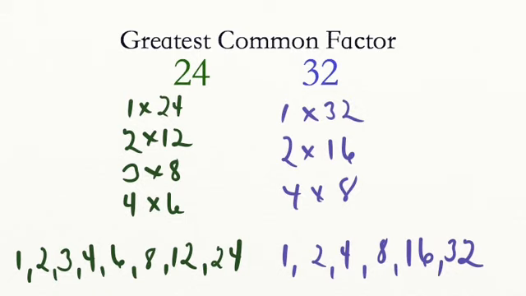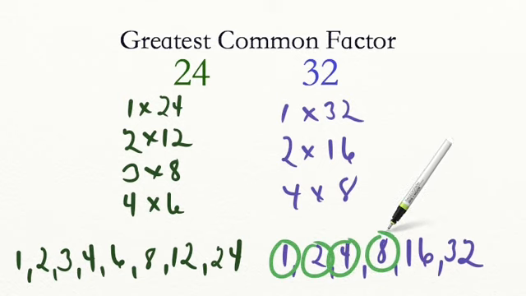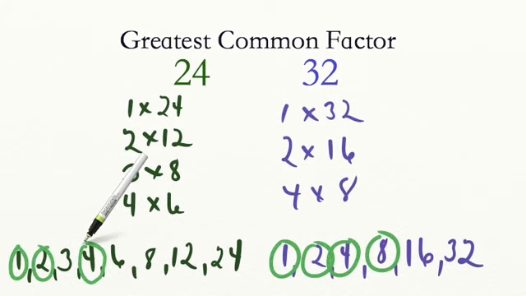So now I'm going to circle the numbers that 24 and 32 have for factors that are the same. They both have a factor of 1, 2, 4, and 8. Let's circle 1, 2, 4, and 8. There aren't any other numbers that they have in common for factors.